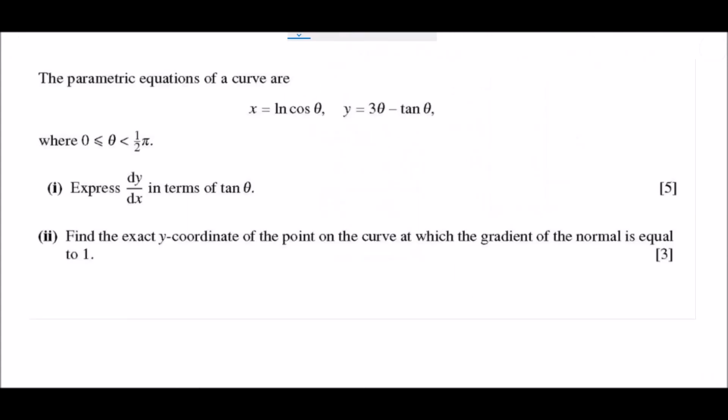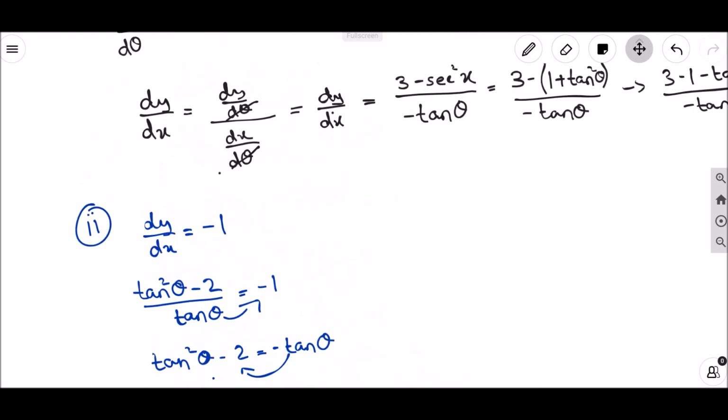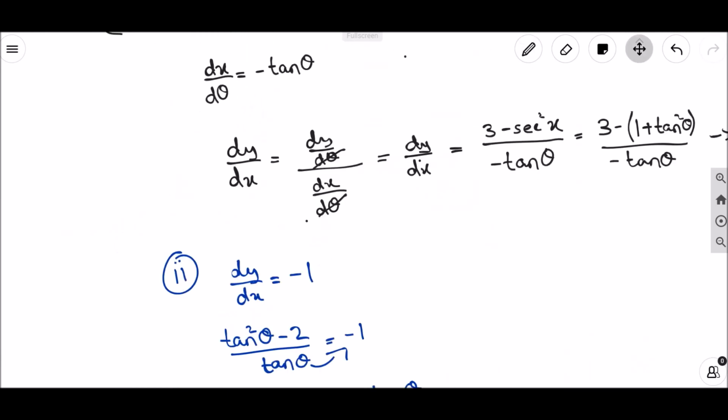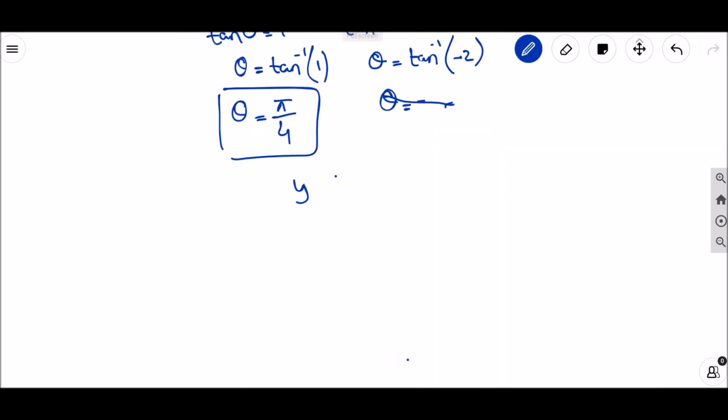And we had to find the exact y coordinate. To find the y coordinate, we are given the equation of y right here. This is our y equation. Y is equal to 3 theta minus tan theta. So I'll write it down here. To find y, we needed the theta value.